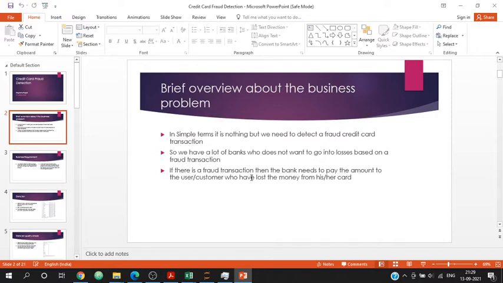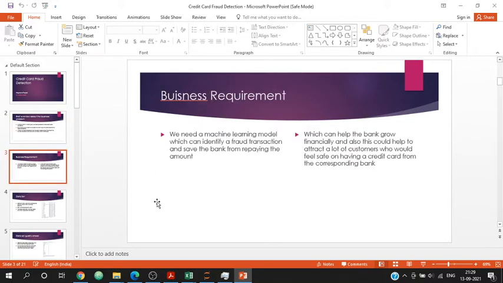So that money needs to be repaid by the bank itself to the customer. So it's ultimately the loss of the bank. If the bank does not repay the money, then the bank may lose its well-known customer.